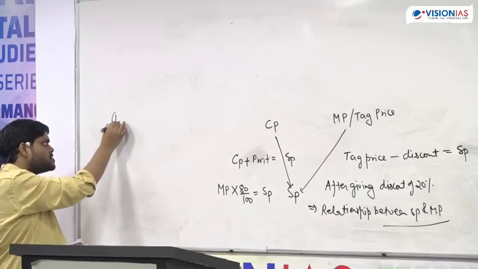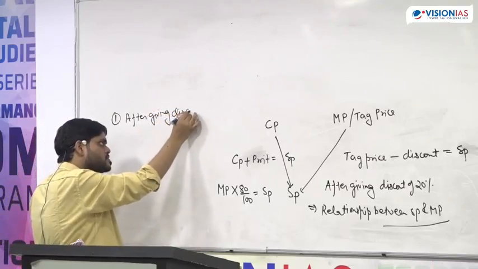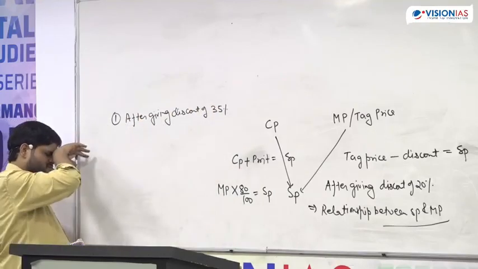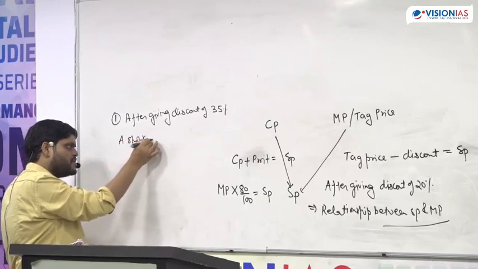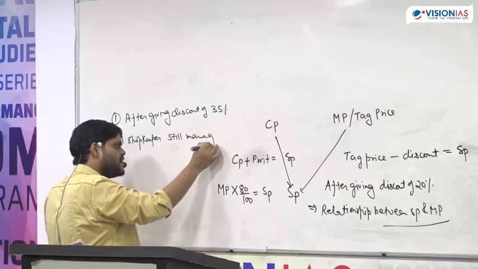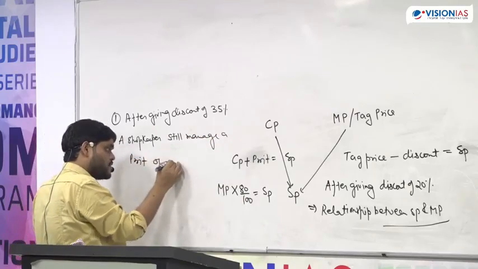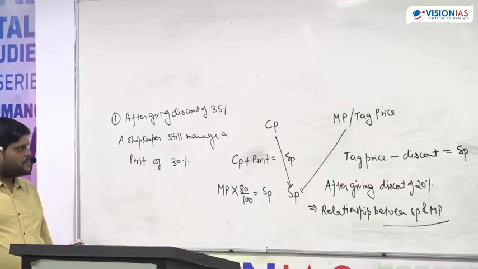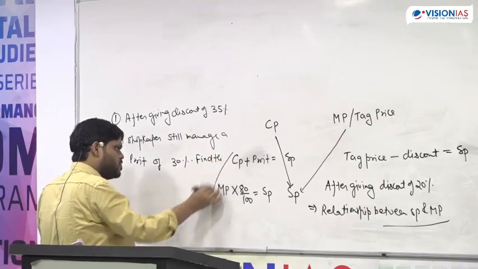The question is, after giving a discount of 35%, a shopkeeper still manages a profit of 30%.